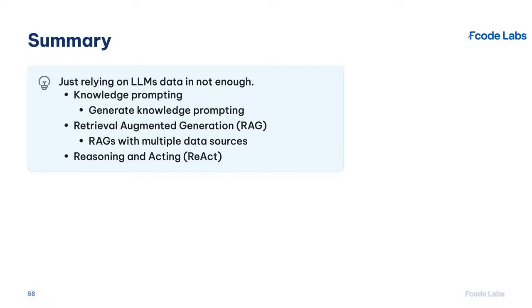And we introduced RAG, how to use RAG with the external documents we have, and if we have multiple data sources, how to modify the RAG to work with multiple data sources. And we combined everything to introduce this ReAct method.